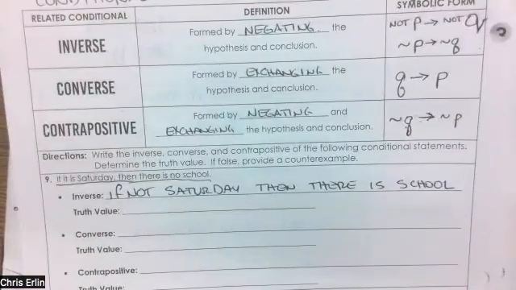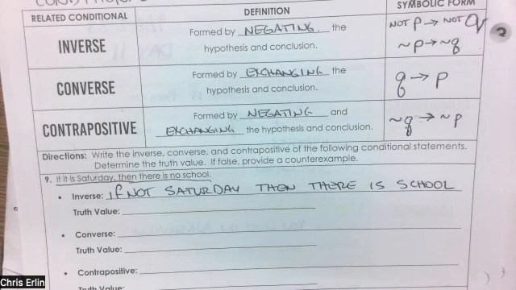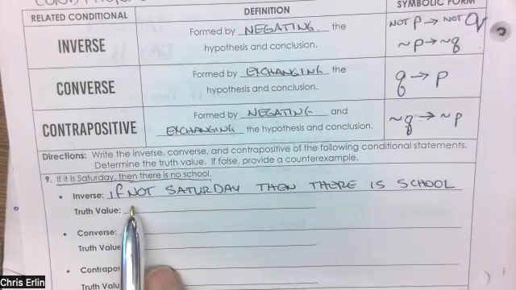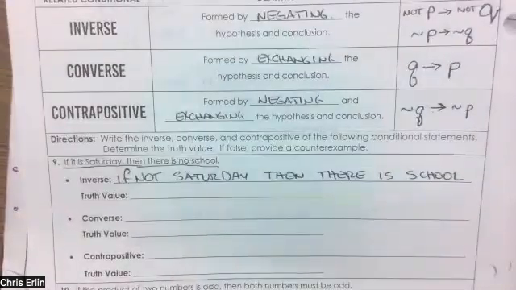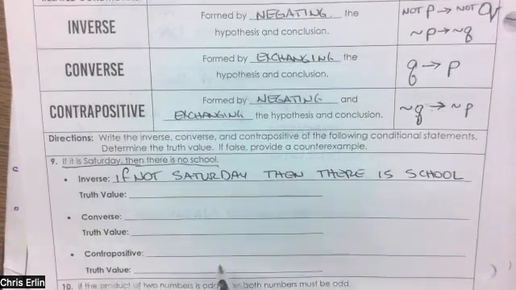And if you wrote "if there is not no school," I would accept it because I understand what you're doing. I'm okay with you taking a little bit of license in how you write this, right? Like I didn't say "it is not Saturday." I just said "if not Saturday," because I'm conveying the meaning. Just make sure you're not changing the meaning.